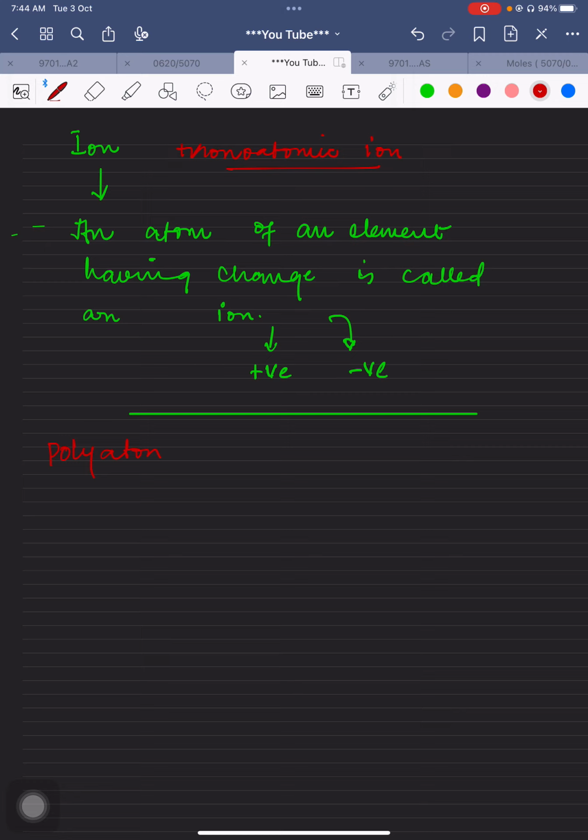Whereas the polyatomic ion is a combination of two or more than two atoms of elements having a collective charge, and it is called a polyatomic ion.